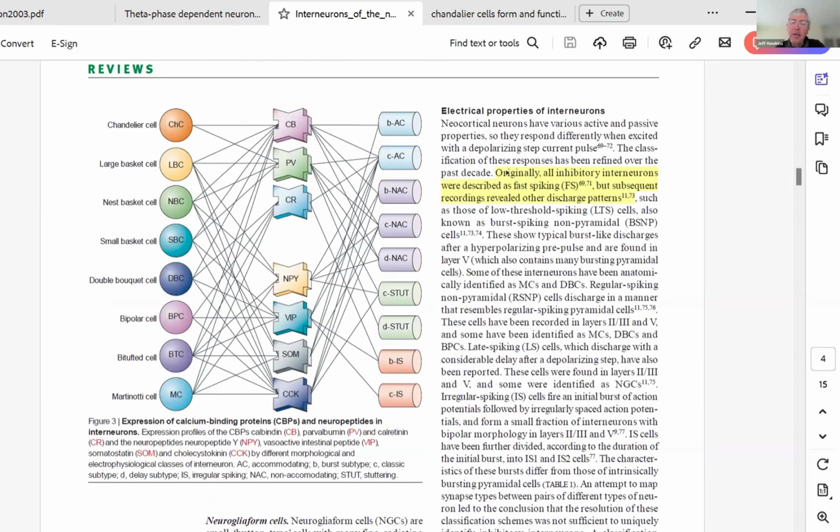This was an interesting one up here, the highlighted text. We're talking about electrical properties of neurons. Originally, all inhibitory neurons were described as fast spiking. What that means could be two things. One is how quickly they generate the first spike, but also how fast the spikes occur. But I think the more important one is how quickly they generate the first spike.